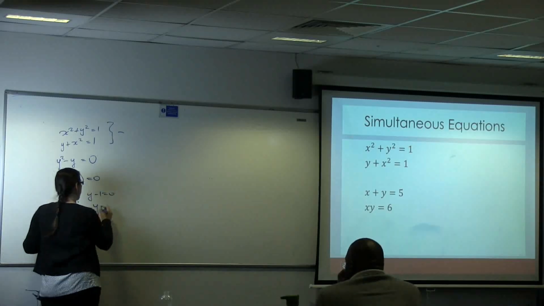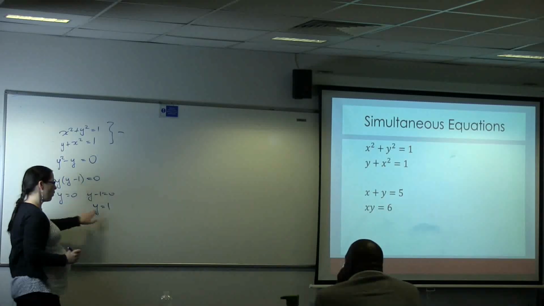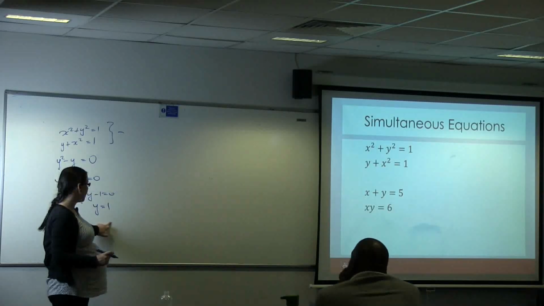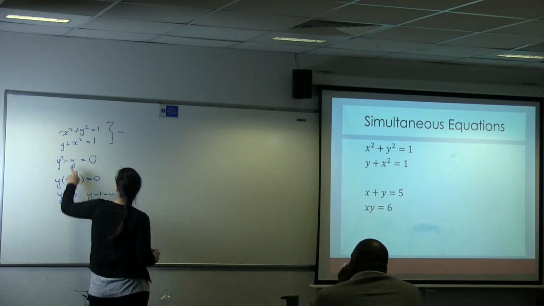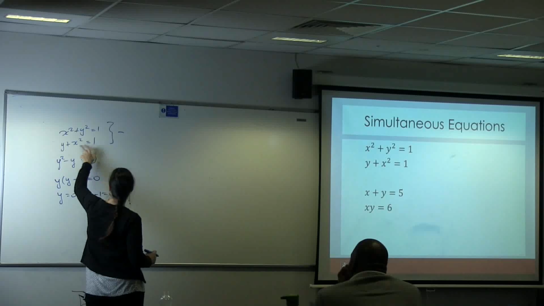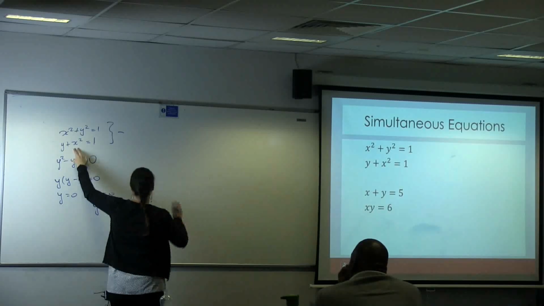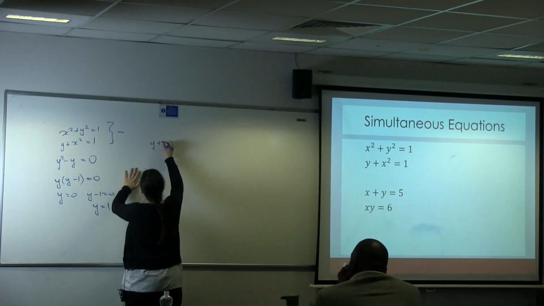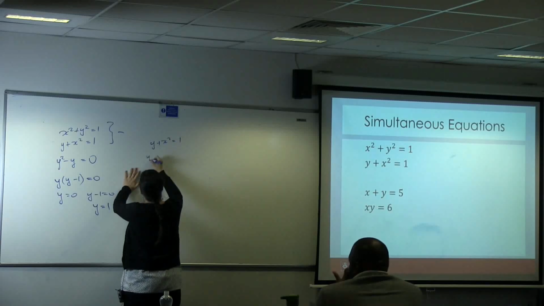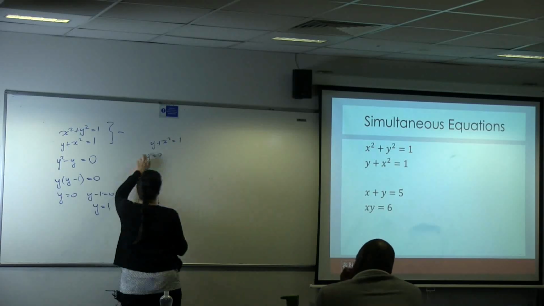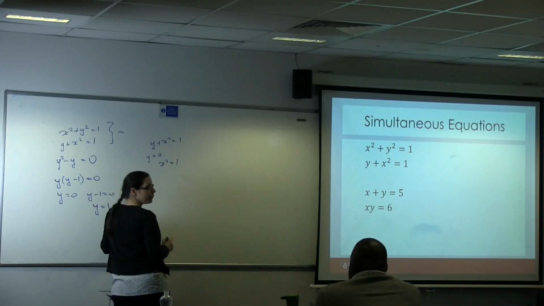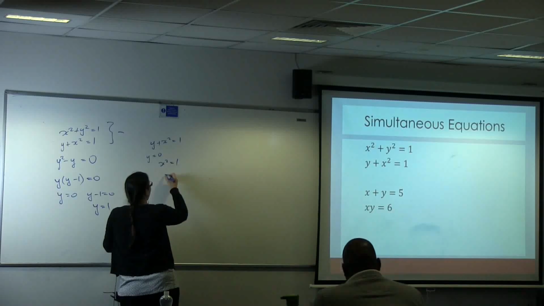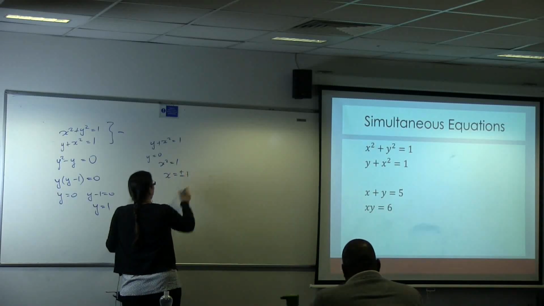So the two solutions for y would be 0 or 1. And then what I need to do is pick up each of them and go back to either of the other equations. So y plus x squared equals 1. So if y is 0, then this equation will be x squared equals 1. So x can be positive or negative 1.